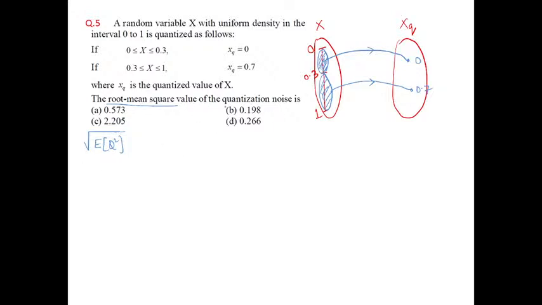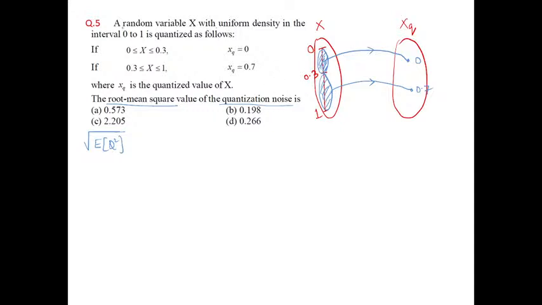Now you cannot apply the formula quantization noise power is equal to delta square upon 12. Why? Because the quantization is not uniform. For 0 to 0.3, it has been mapped to 0, and from 0.3 to 1, the signal has been mapped to 0.7.